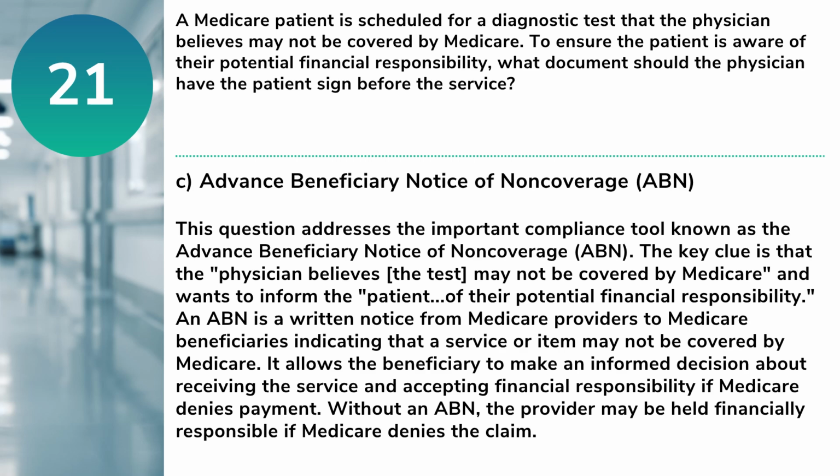An ABN is a written notice from Medicare providers to Medicare beneficiaries indicating that a service or item may not be covered by Medicare. It allows the beneficiary to make an informed decision about receiving the service and accepting financial responsibility if Medicare denies payment. Without an ABN, the provider may be held financially responsible if Medicare denies the claim.